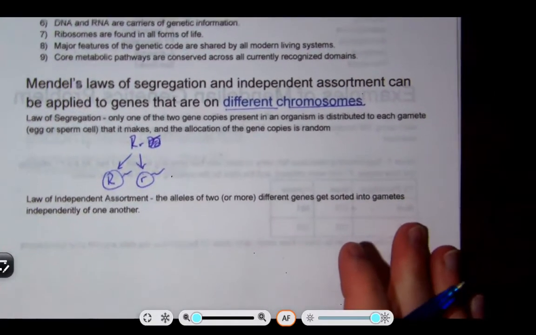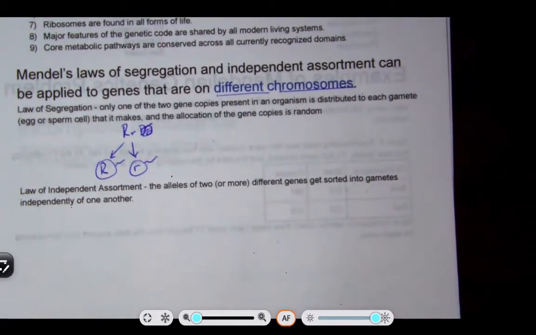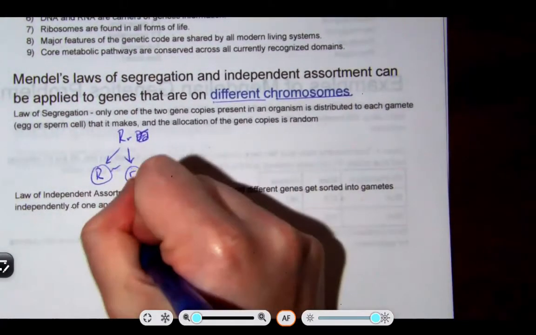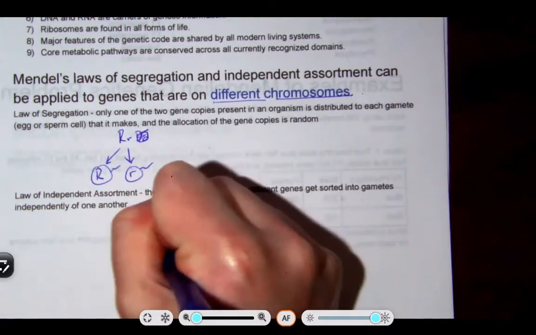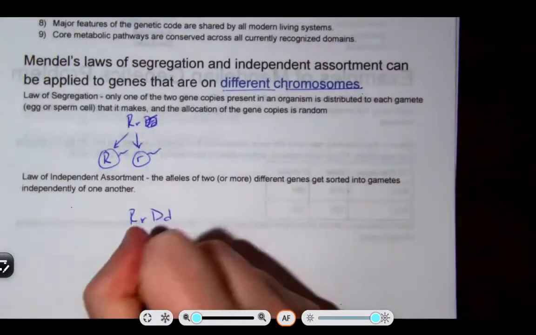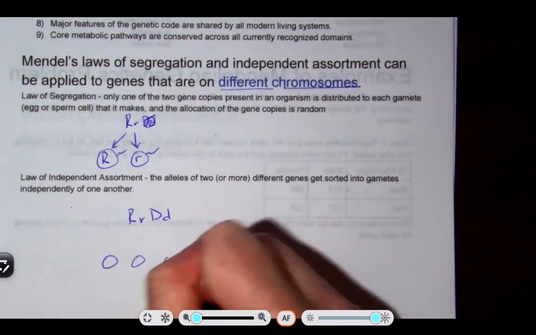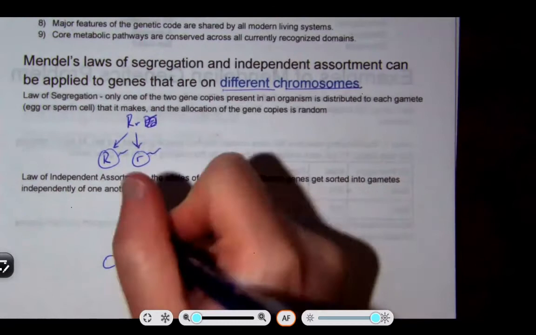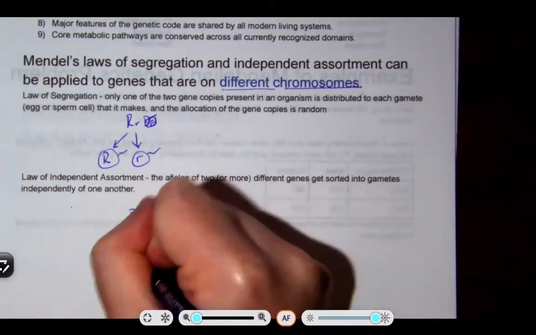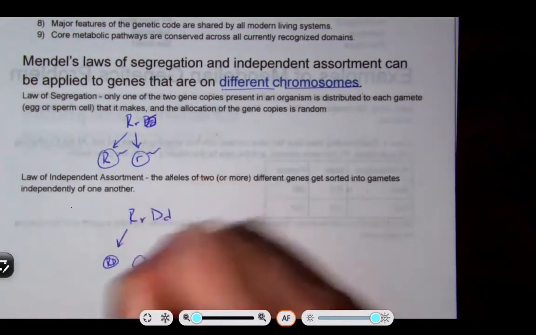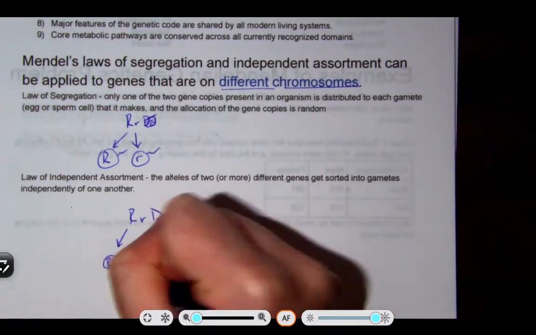Now, the law of independent assortment is that the alleles of two or more different genes get assorted into gametes independently of one another. Basically, if we're looking at a couple of different traits, the law of independent assortment tells us there are going to be 4 different combinations: big R can go with big D, and big R can go with little d.